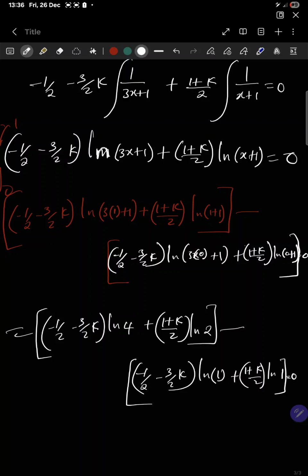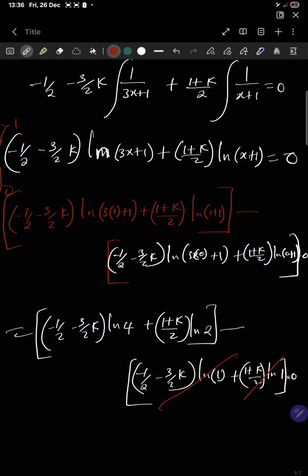Now from here, what you're going to discover is that in the second bracket, you have natural log of 1, which is 0, times everything here, it will go to 0. This one also, natural log of 1 is 0, times everything here, you go to 0. So in the second bracket, we are just getting a 0. So we just need to work out what is in the first bracket.